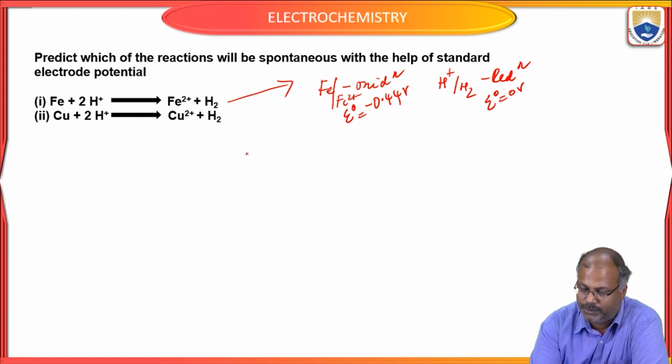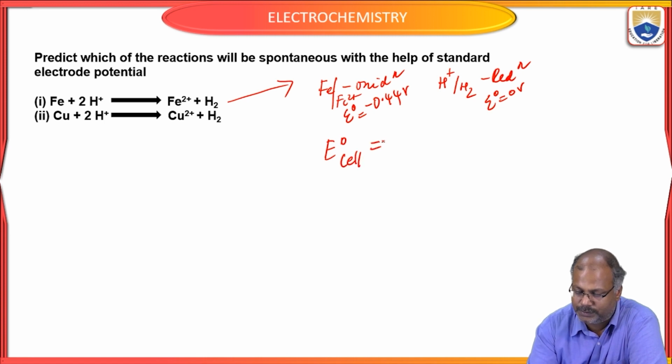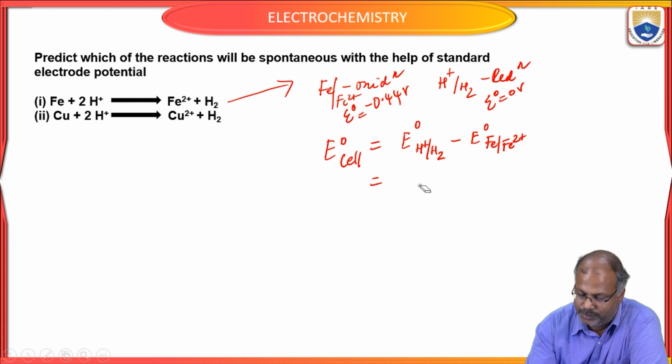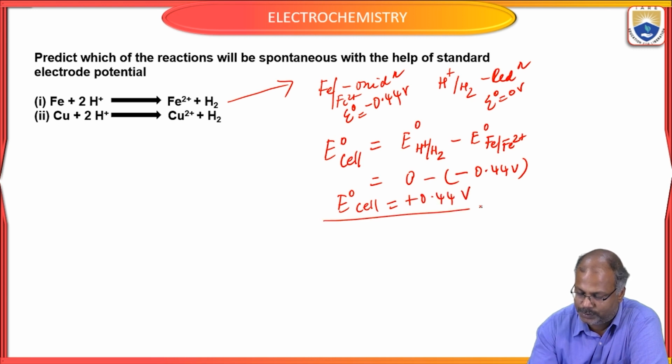Okay. So now E naught cell is equal to E naught of reduction, H plus by hydrogen, minus standard reduction potential of oxidation. So which is equal to 0 minus (minus 0.44 volts). So E naught cell is equal to plus 0.44 volts.